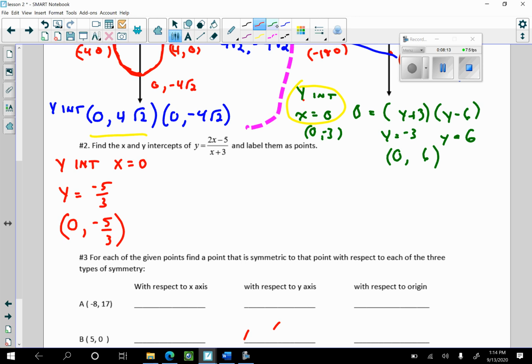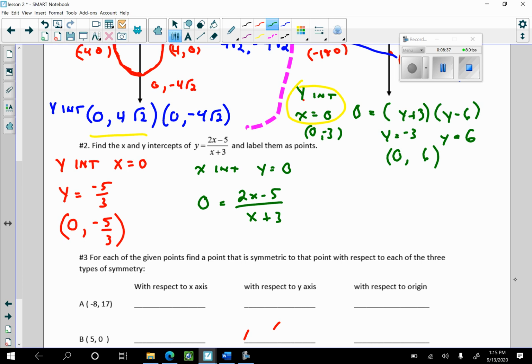And now if I want to find the x-intercept, I'm going to let y equal 0 here. And so I have this guy right here. 2x minus 5 over x plus 3. And what we need to realize here, if I have an x-intercept, y is going to be 0.